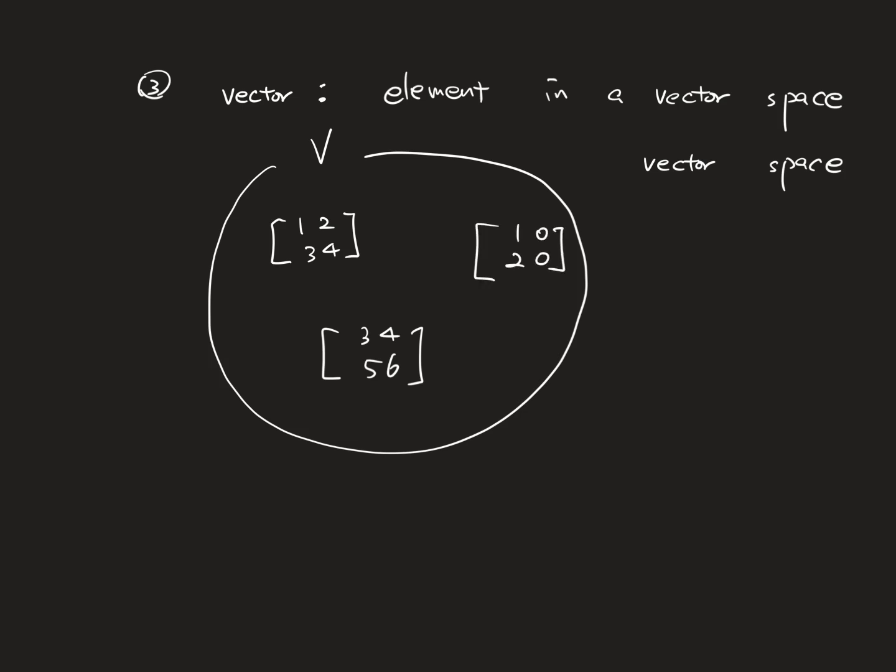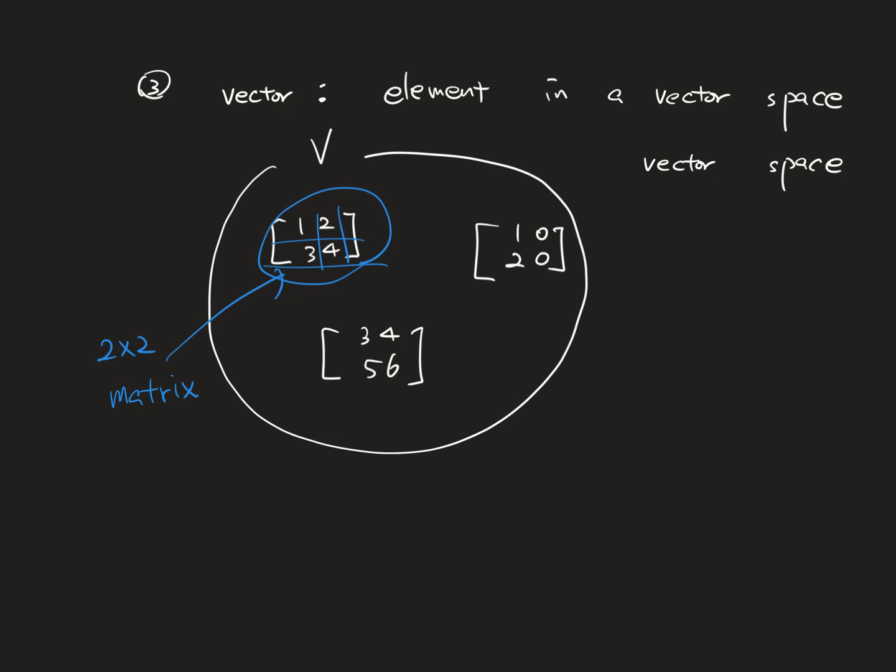If you define a vector space in this way, this is called a matrix. This is a 2 by 2 matrix because it has 2 rows and 2 columns.